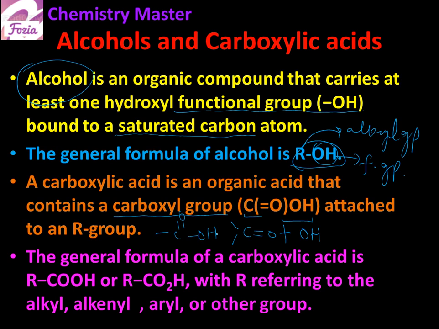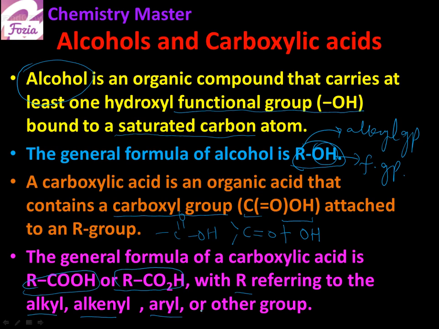So this is how they are generally represented: RCOOH or RCO2H, and this time the R refers to any alkyl group, meaning saturated carbon, an alkenyl group, or unsaturated carbon with a double bond in it, or an aryl group, meaning with a benzene ring C6H5 in it.